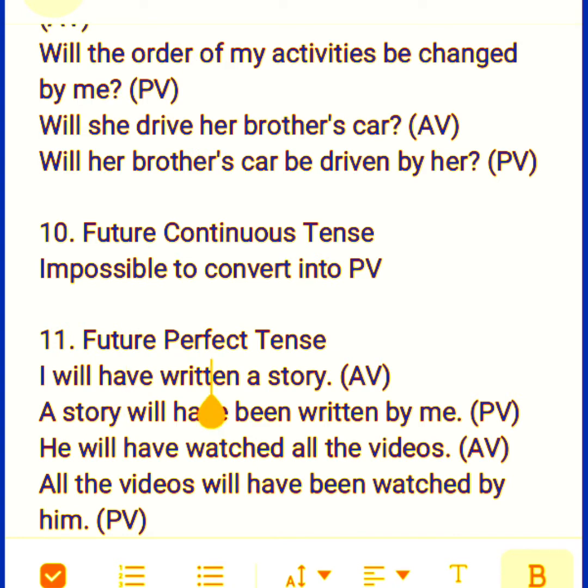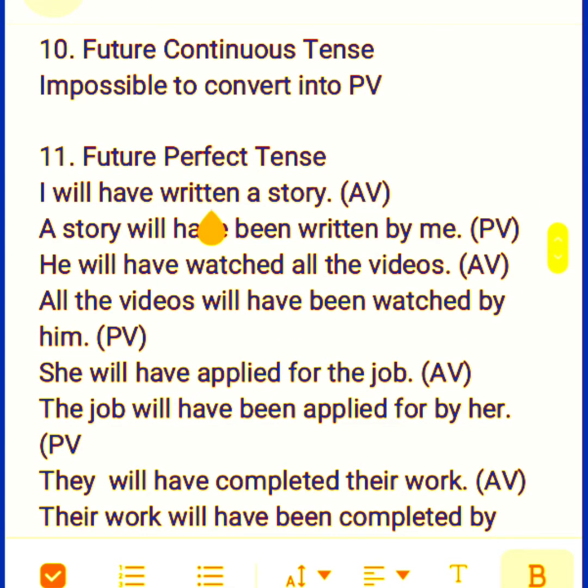There is already "have", which we use mostly for perfect tense, and we just have to add another helping verb, that is "been". So a story will have been written by me. This is the passive voice. We have used "been" here, and "by" is the preposition, and "have" is the same, "written" is the same. So a story will have been written by me.